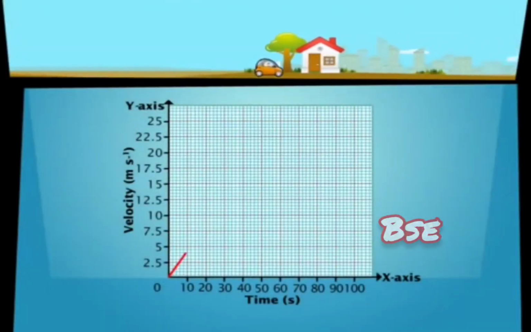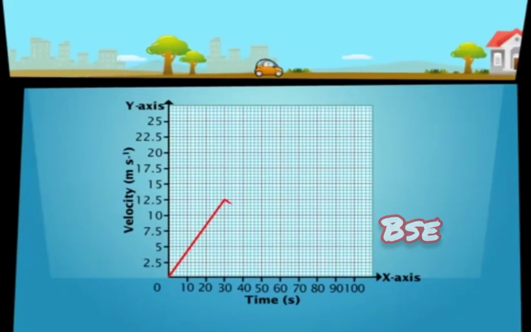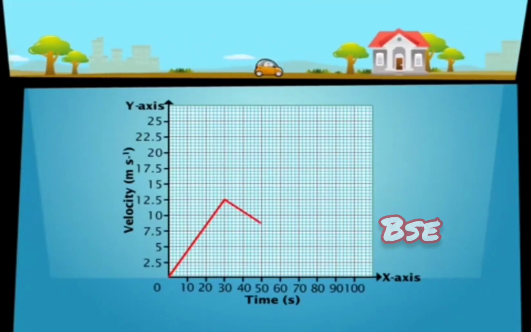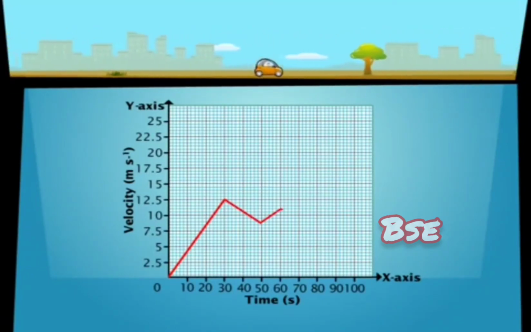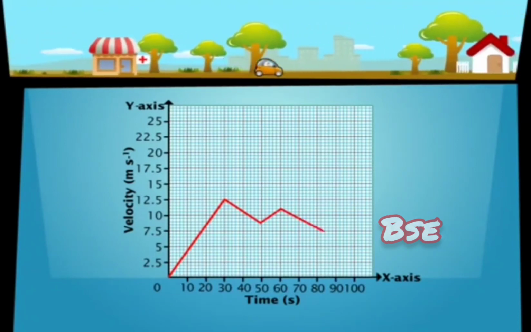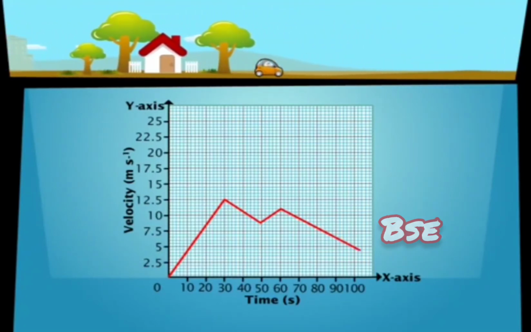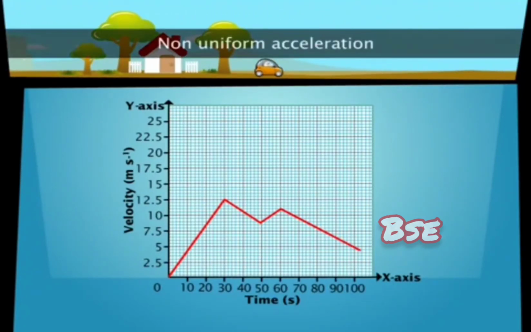When the velocity of an object does not change uniformly with time, its graph describes an irregular shape like this. Such a velocity time graph depicts non-uniform acceleration.